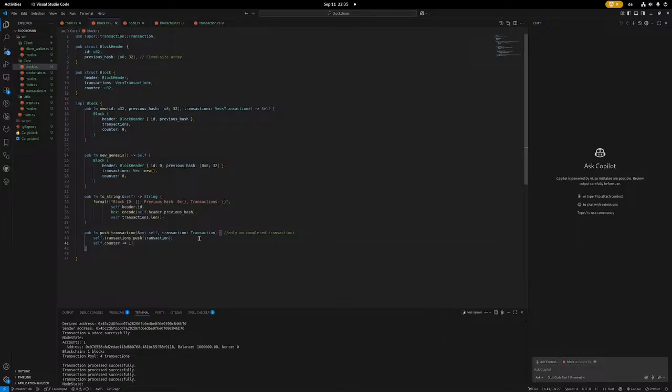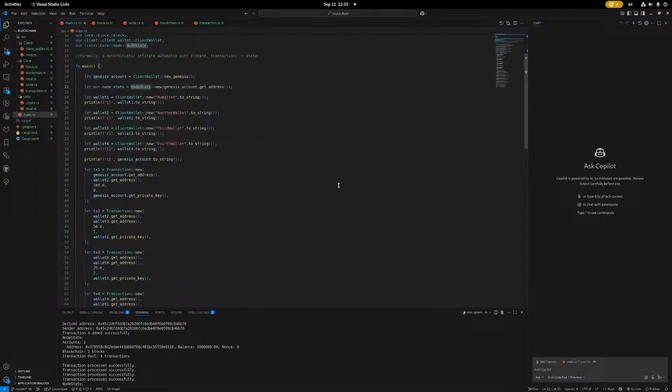The counter. Yeah, we can go with it. So we have the block ready.